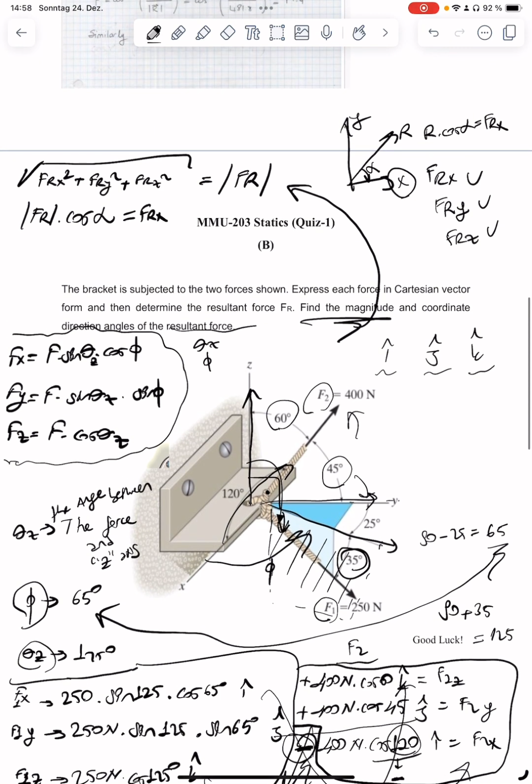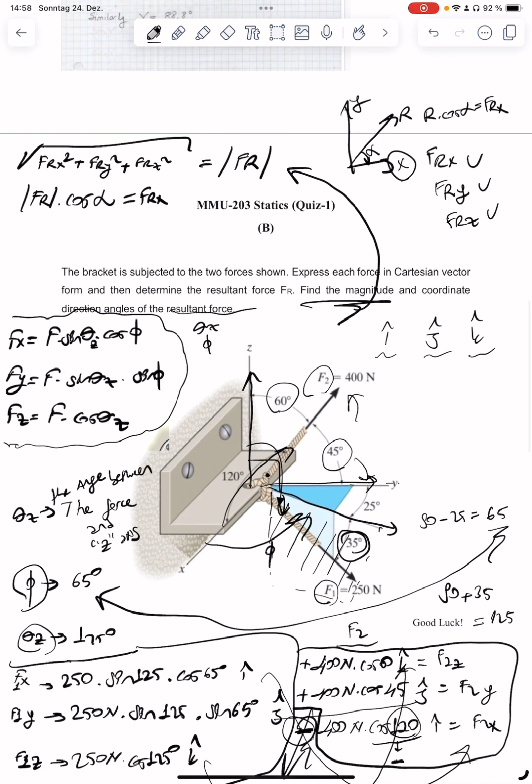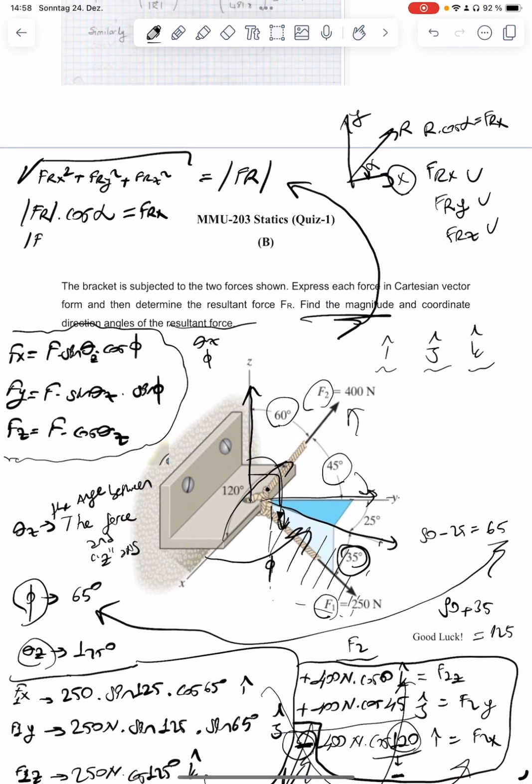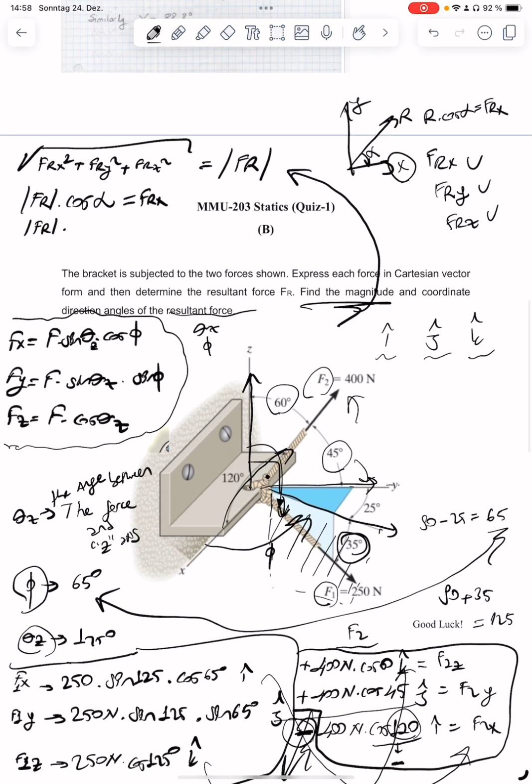Then the magnitude of F resultant times cosine theta is equal to F resultant in the y, where theta is between F resultant and the y-axis.